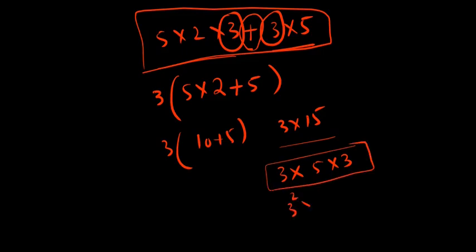What if they have given 5 into 2 plus 3 into 3? Here there is no common factor. If there is any common thing, then it is 100% a composite number, because any number which can be written as some number into something is a composite number.